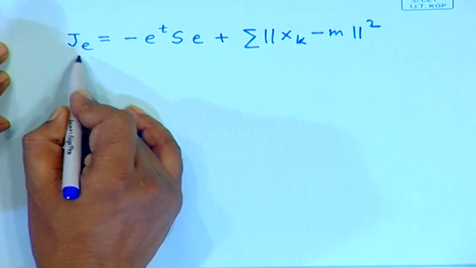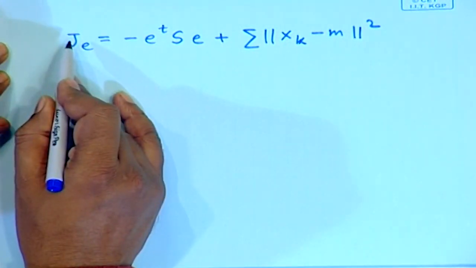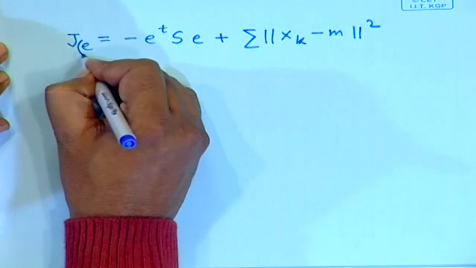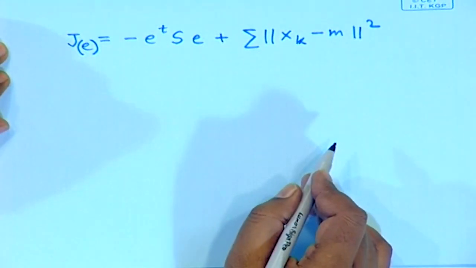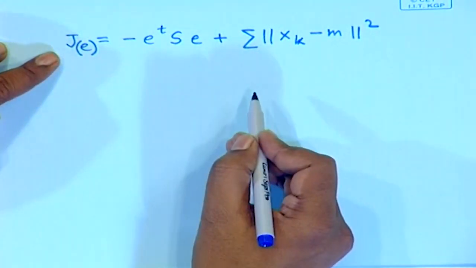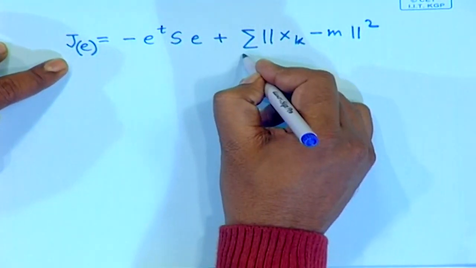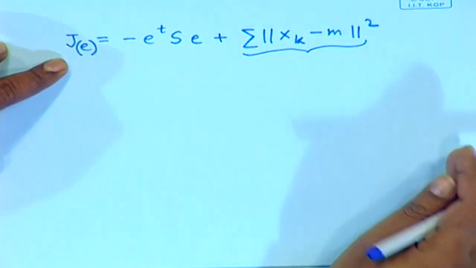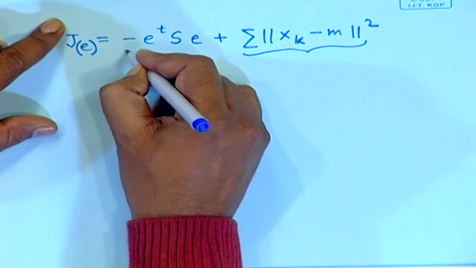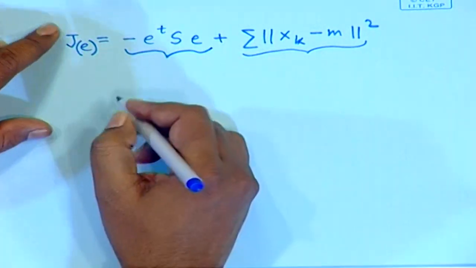I want to minimize this J(E) by varying E. And you find that this term is independent of E. So if I want to minimize J(E), what I have to do is maximize this.